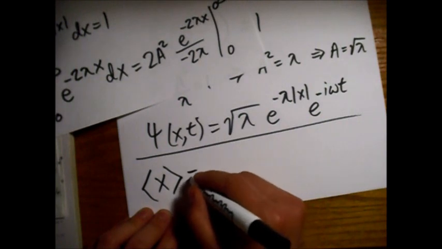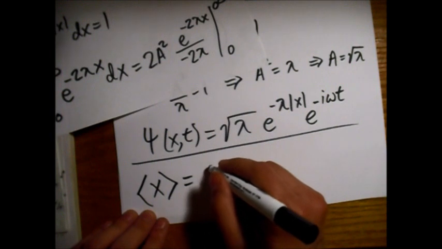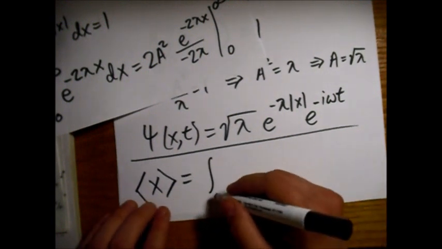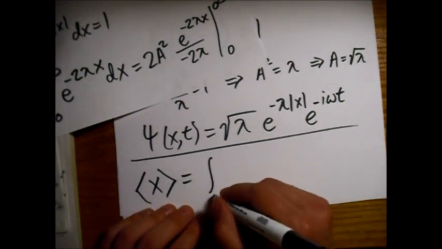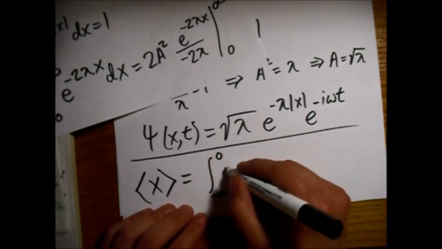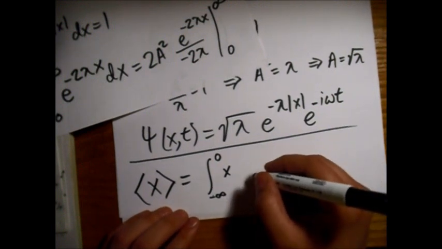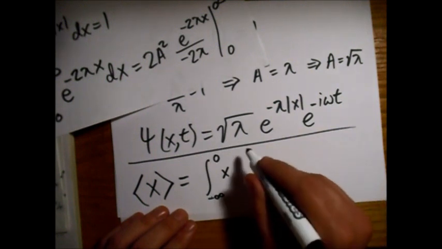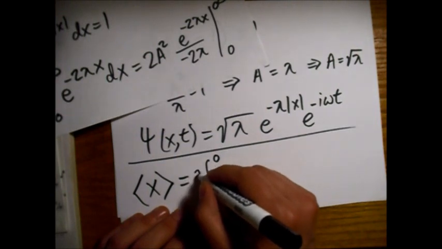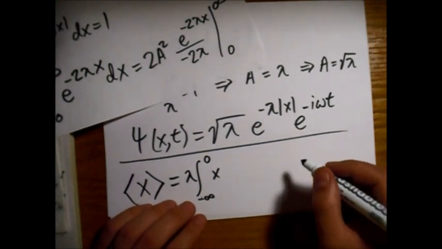Alright, so let's see. Okay, so we're multiplying by x on the inside here, and then we have this square root of lambda squared for each of these integrals. So we can bring that out to the front.